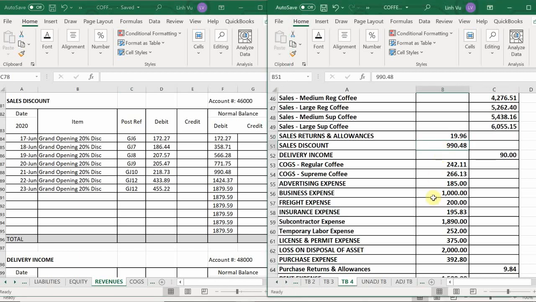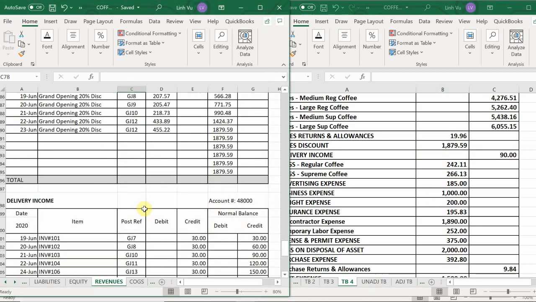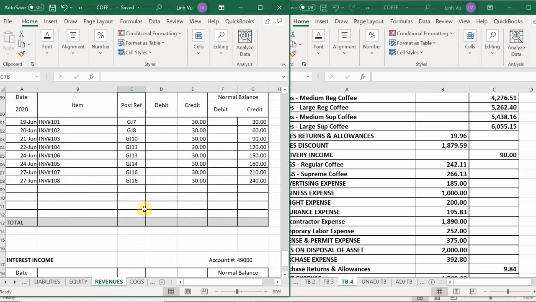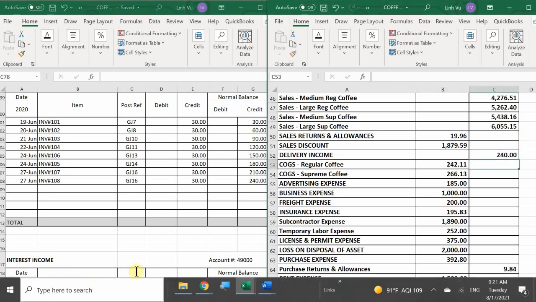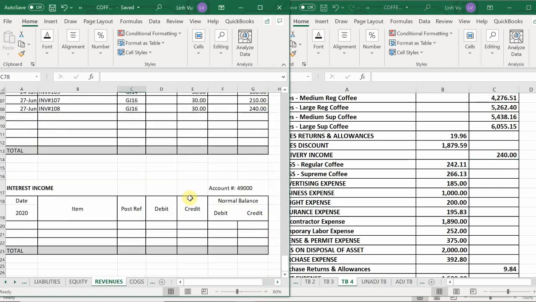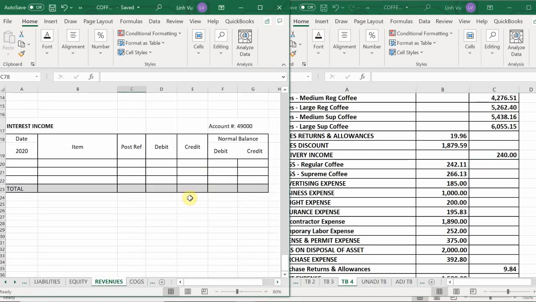Sales discount is now 1879.59. Delivery income also has changed, right? We sold a little more stuff, so it's now 240. And of course, we did not accrue any interest income. Okay.